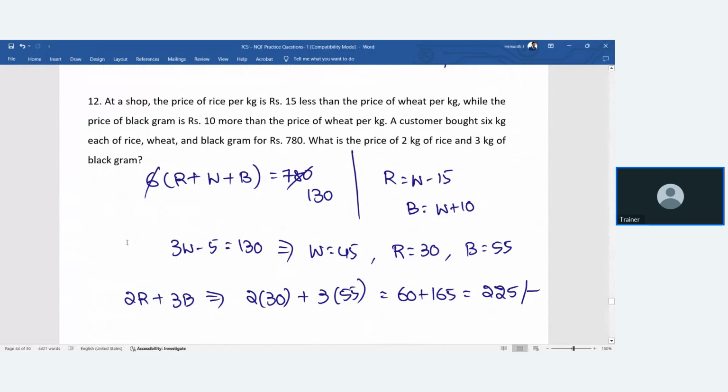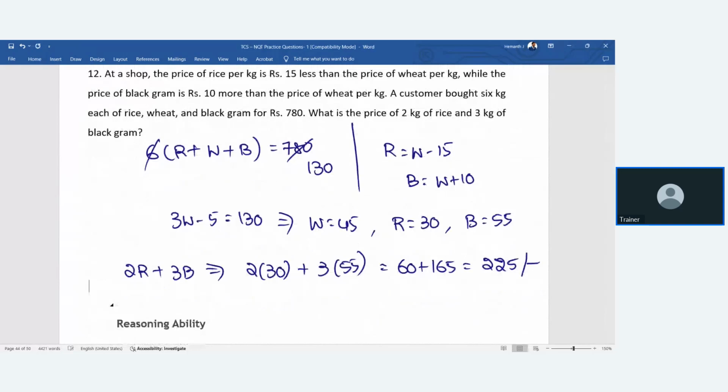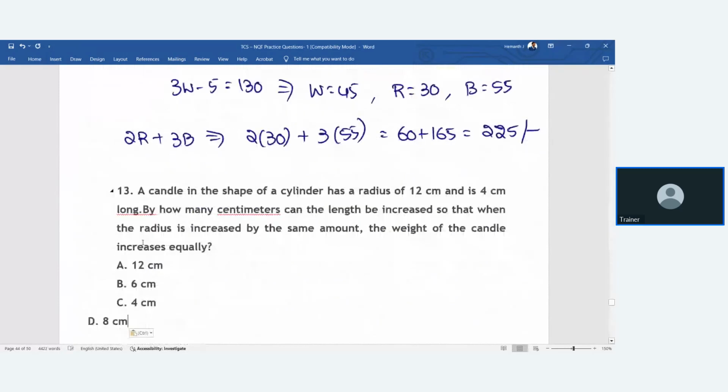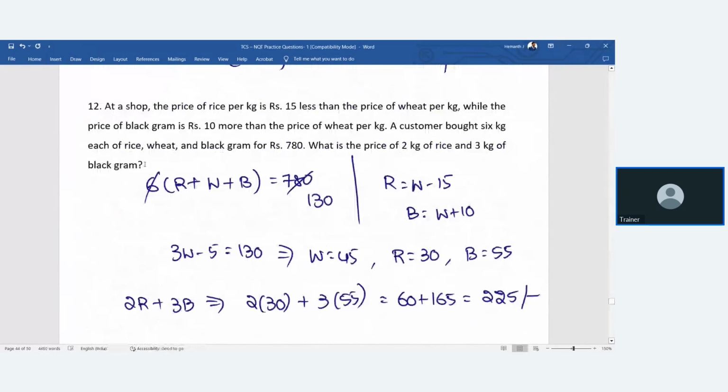Now, let us see the next question. 13th question, have a look into this. A candle is in the shape of a cylinder.